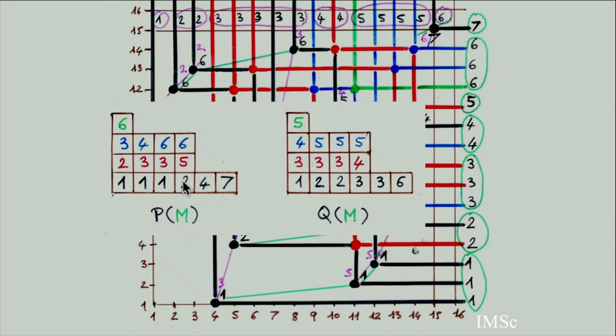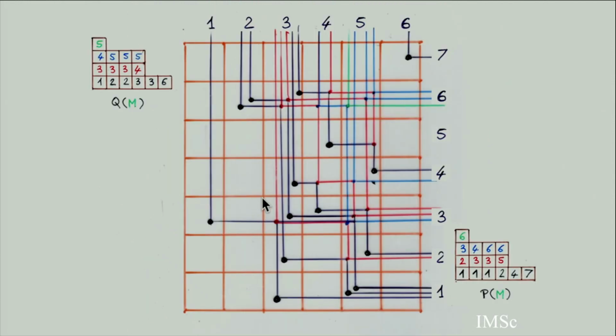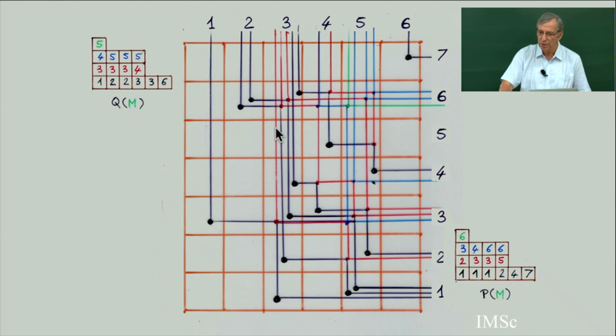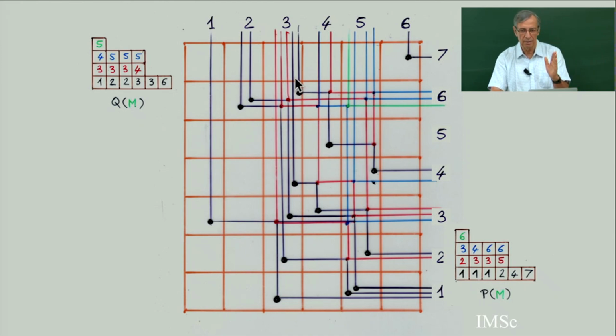I will define what a semi-standard Young tableau is. If you want a more precise picture, here you see your matrix. In each cell there are many points. Maybe there is no point, maybe there are 2 points like this, etc. In each row I put my black points going increasing in the n by n lattice. In each column also I put the points going increasing to the northeast in the lattice.